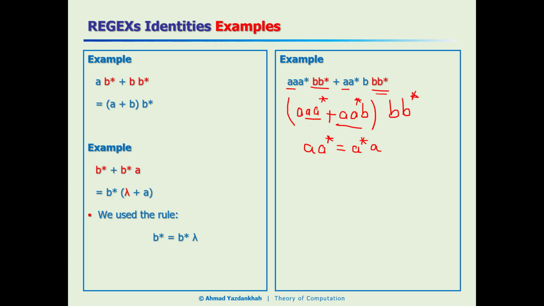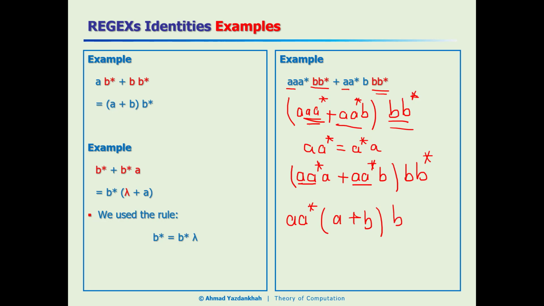So I can replace this guy as A star A plus A star B. And on the right side we have B B star. Okay, now I can factor out this guy from the left. So it will be A star, A plus B, and B B star.